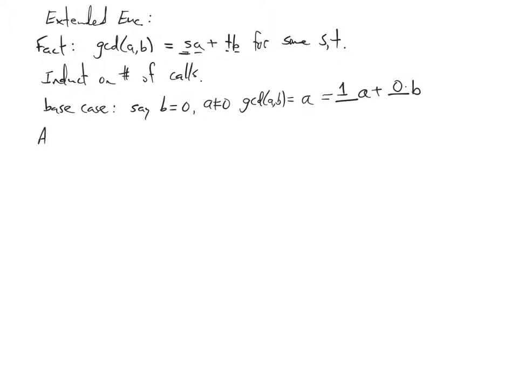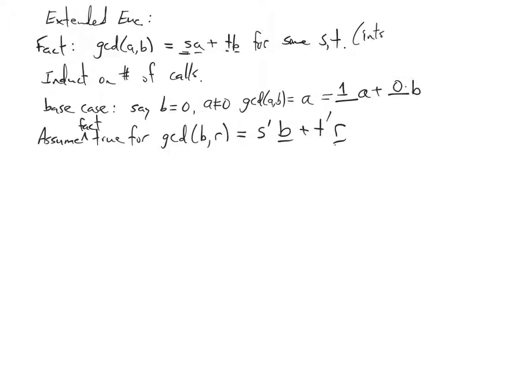So we're going to assume the fact is true for B and R. We're going to assume the GCD of B and R can be expressed in this way, but for the notation we're using, we're going to call this S prime B plus T prime times R. These have to be integers, I should have said that.